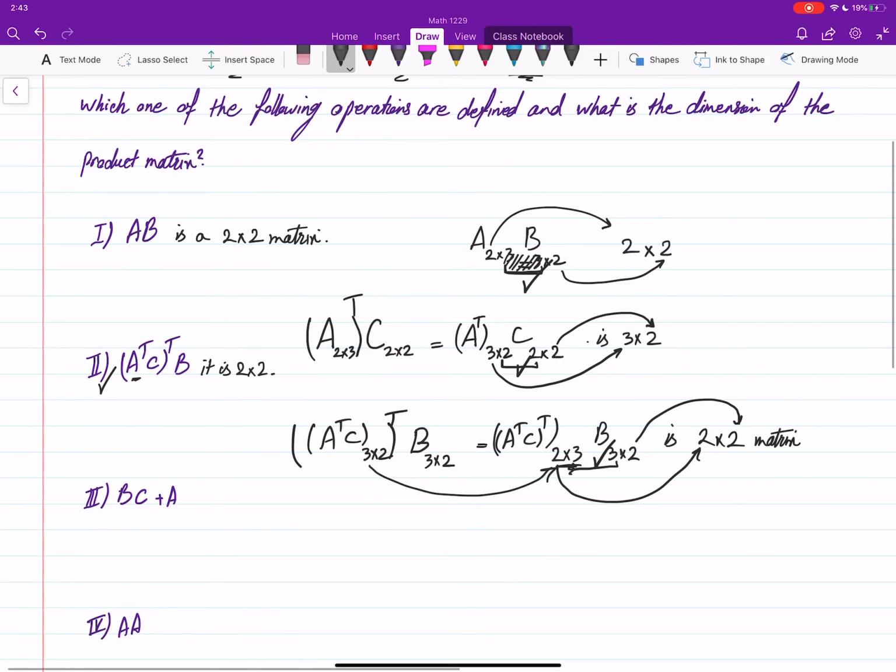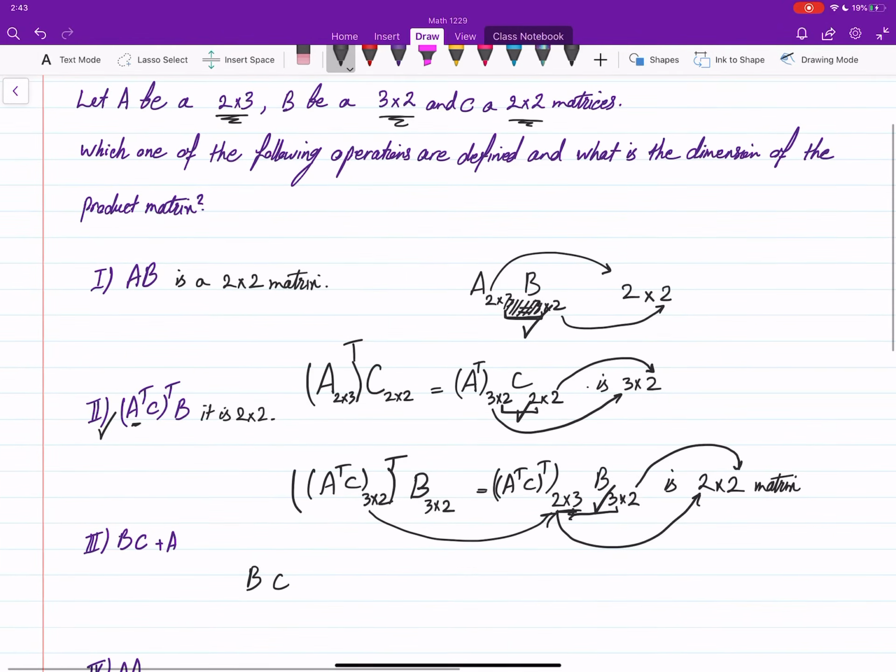How about BC plus A? We have to go one by one. BC. B itself is what? 3 by 2. And C is 2 by 2. The closer entries are the same, so it is defined, and BC is going to be a 3 by 2 matrix.